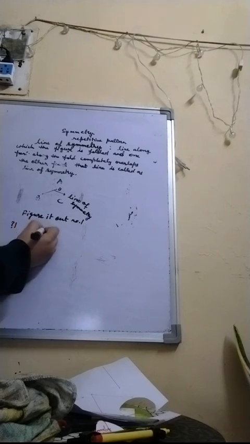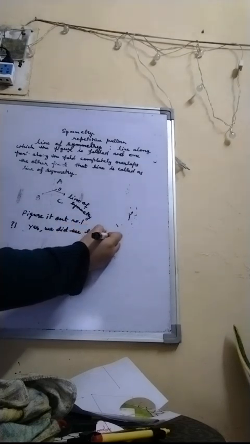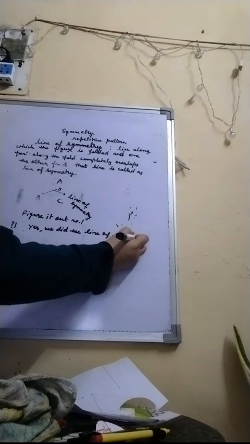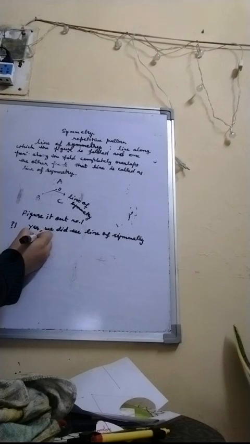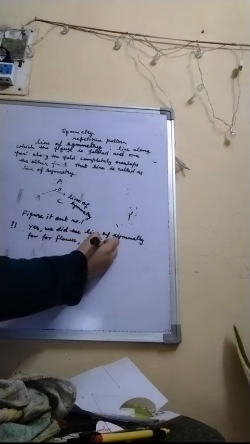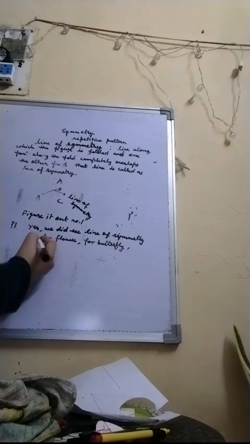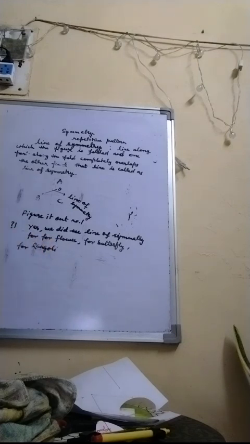So yes, we did see the line of symmetry for the flower, for the butterfly, for the triangle also, or you can say for the rangoli, and the paper cut figure which is made.